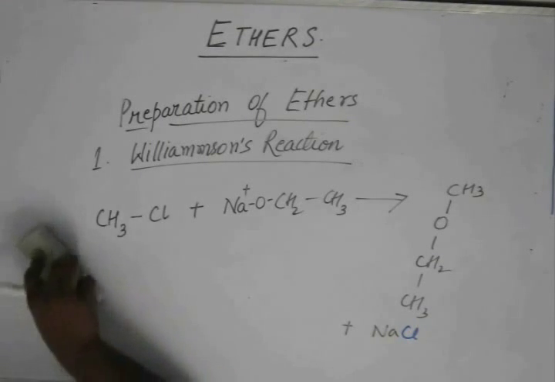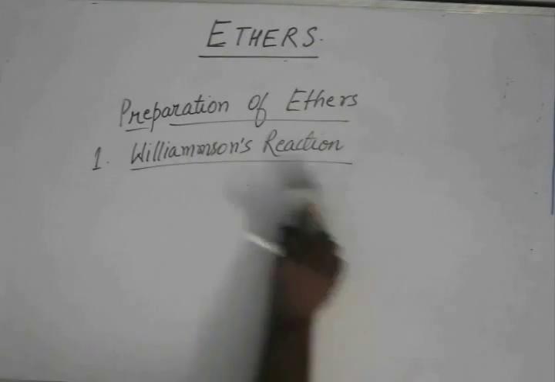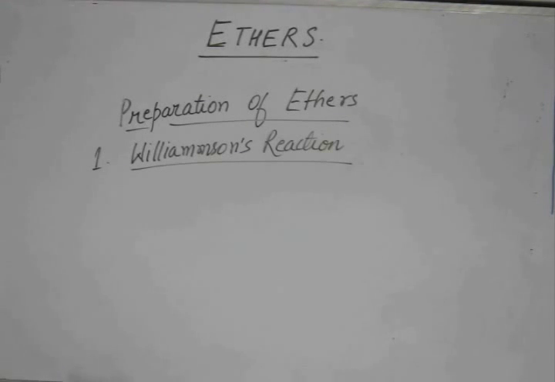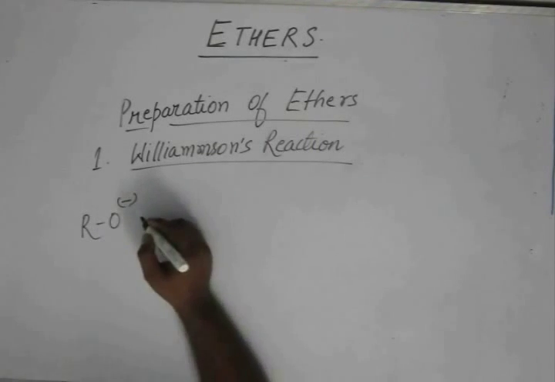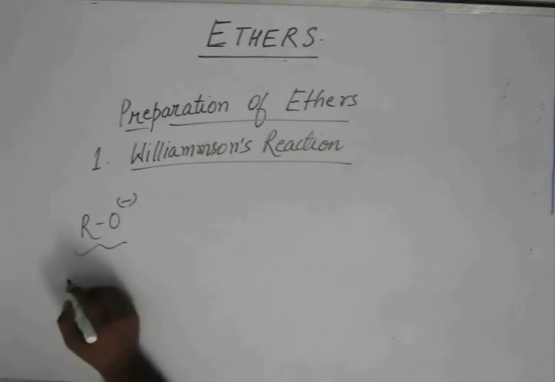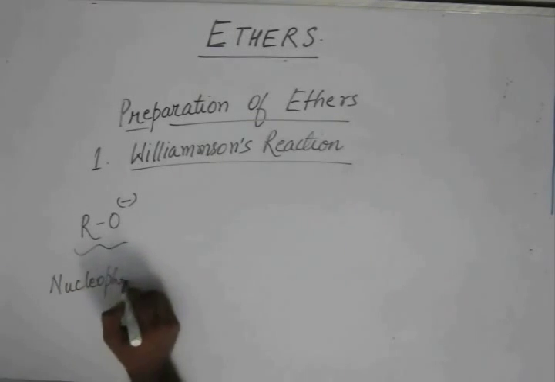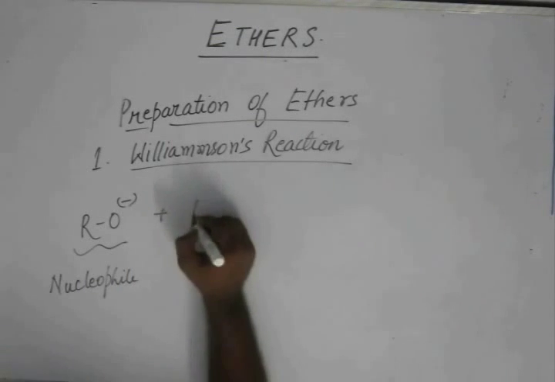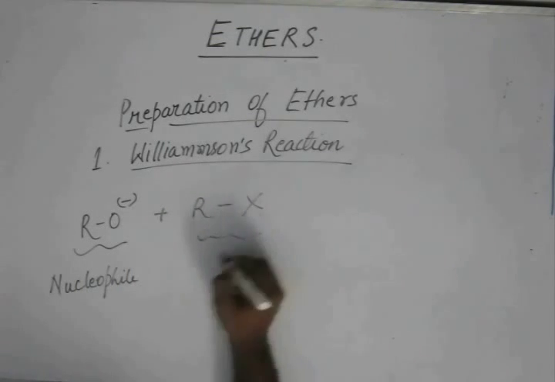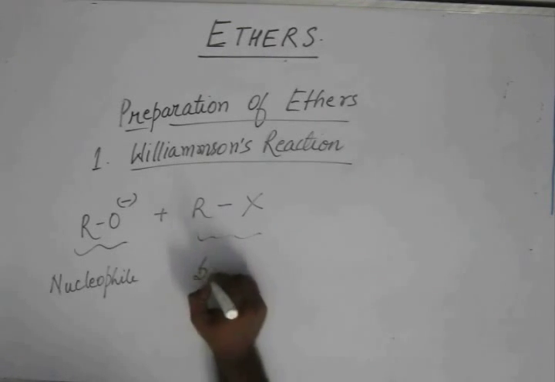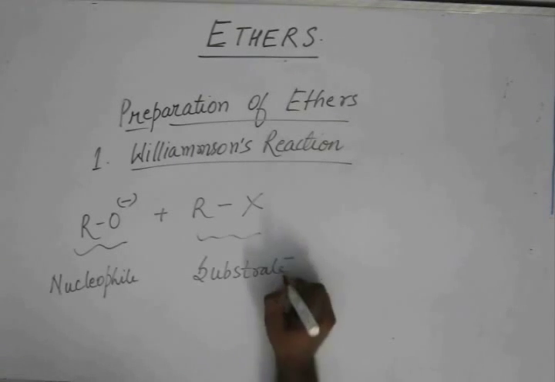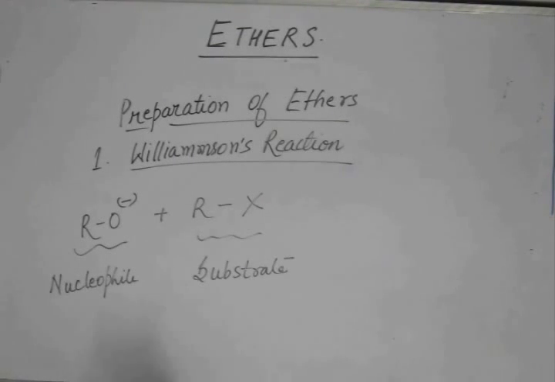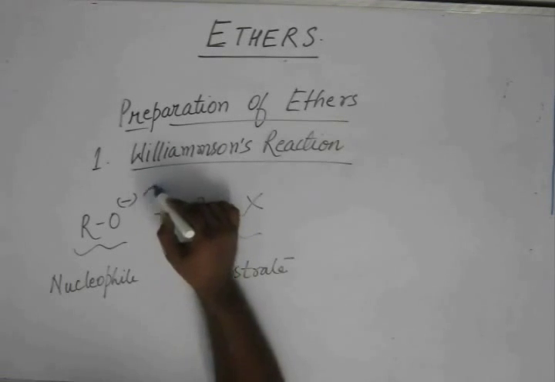Alright, fine. So now let's see what actually happens in Williamson's reaction. Right. So in the initial case we have a nucleophile RO minus. We have an alkyl halide, which is the substrate of this reaction. What happens is that this O minus attacks the substrate.